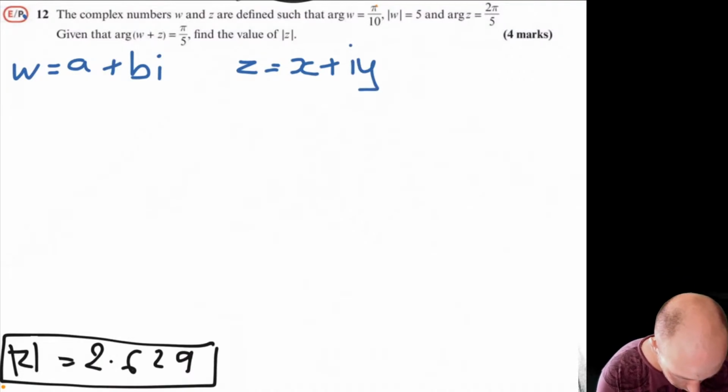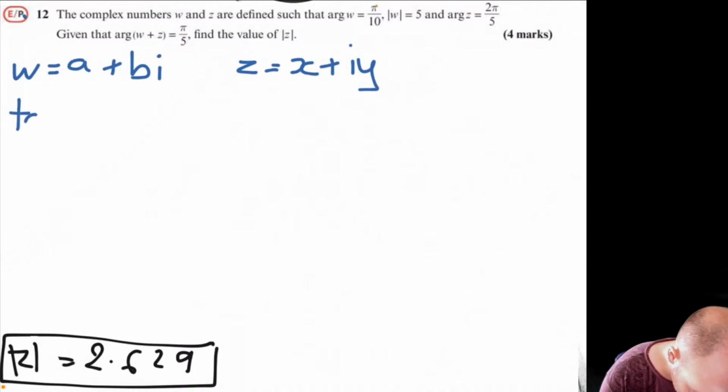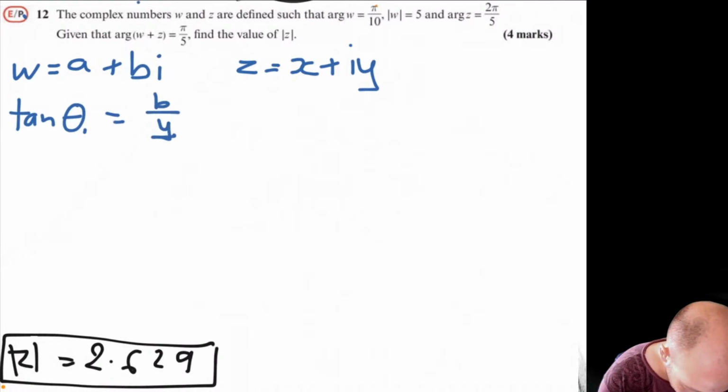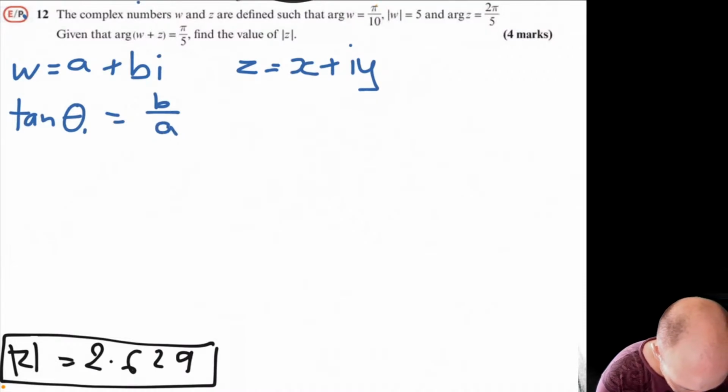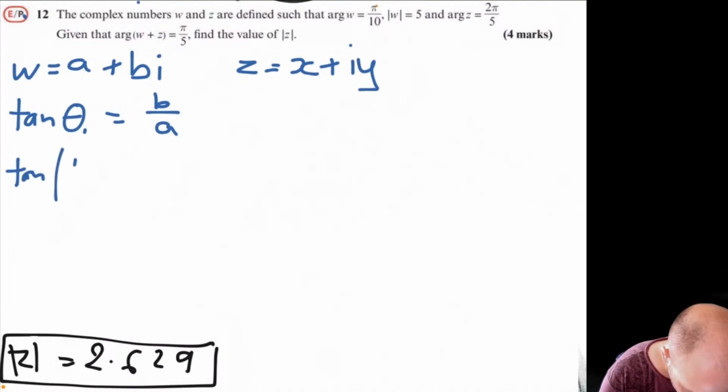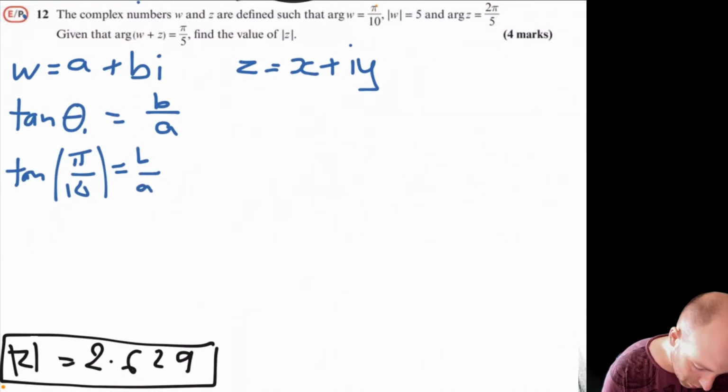And from that we know the argument of W, so tan of theta, let's call it theta 1 for W, equals B over A. We know, and that should equal, so tan of pi by 10 is B over A. We also know the size of W, so we know A squared plus B squared is 5.